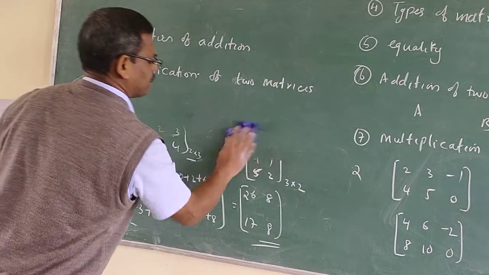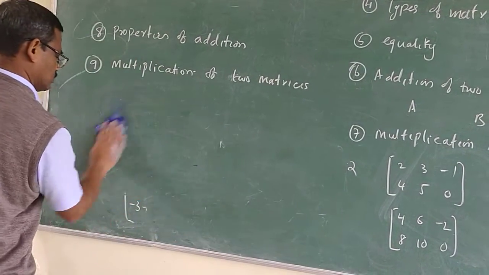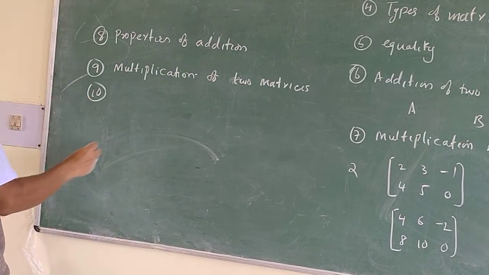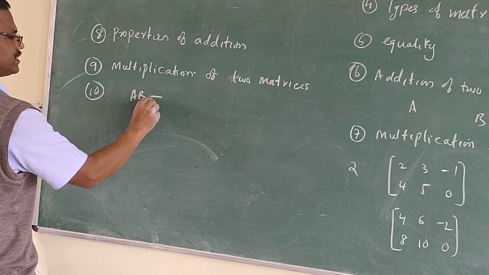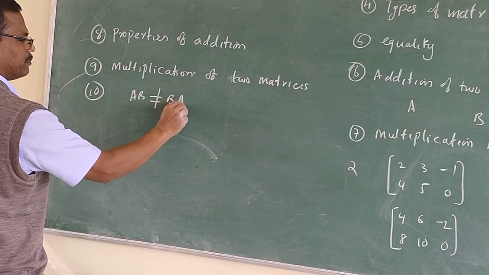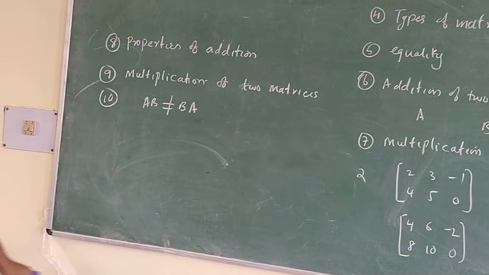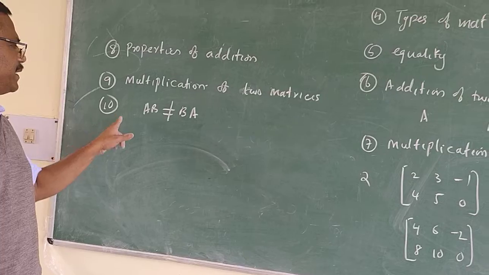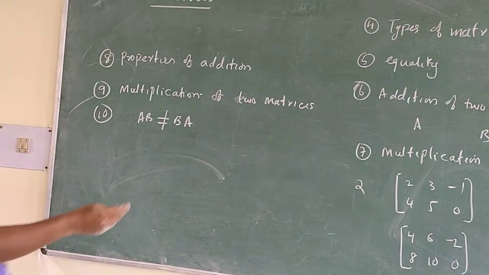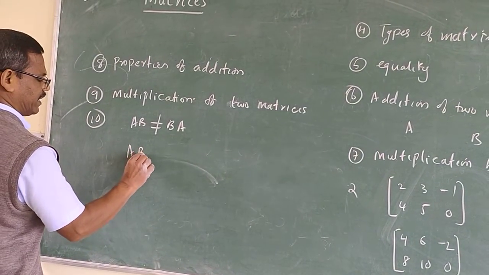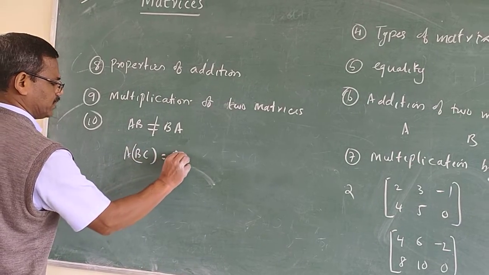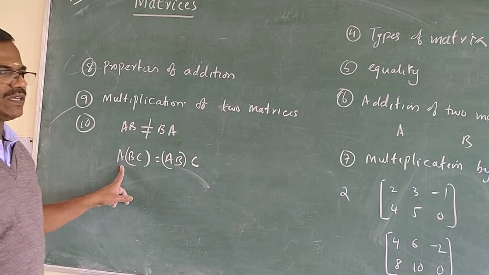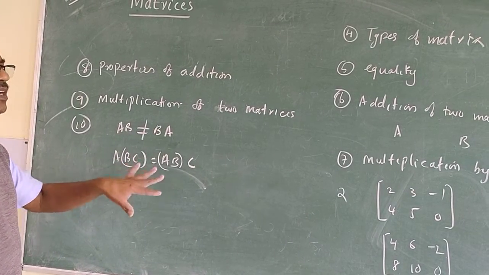And there are some properties also here. One property is that AB need not be equal to BA. With normal multiplication we can say that AB is equal to BA, commutative multiplication. But here AB need not be equal to BA. And A(BC) is equal to (AB)C. So associativity of multiplication is true, provided the multiplication is defined.